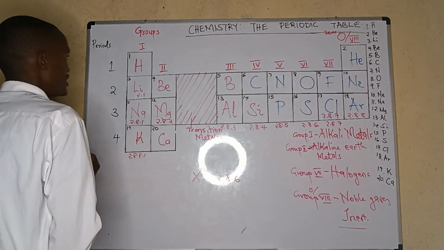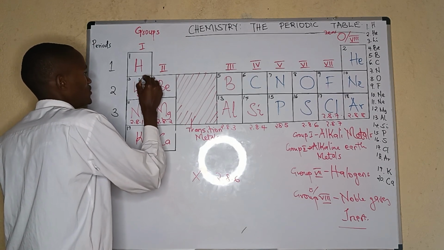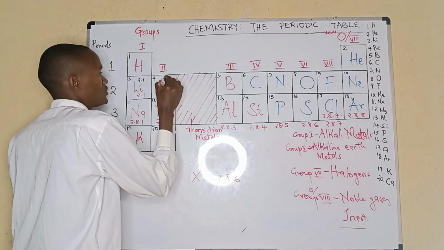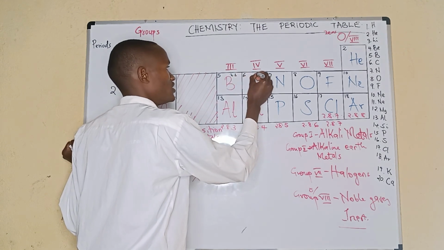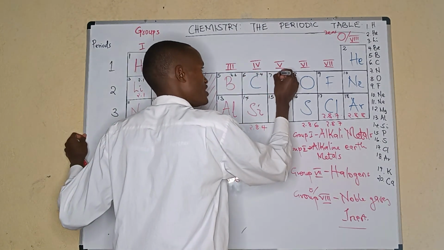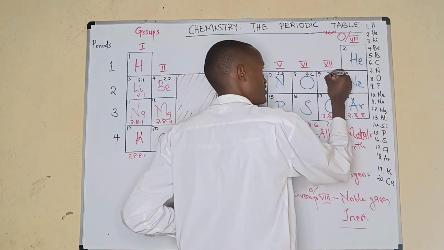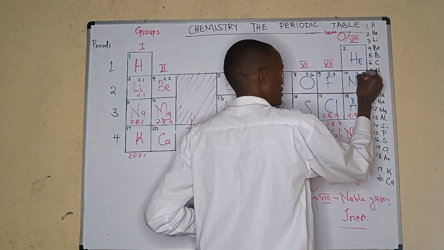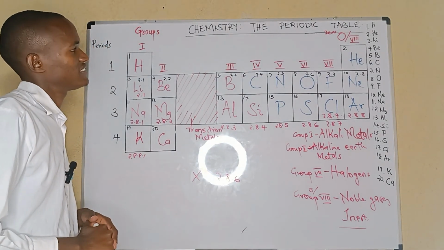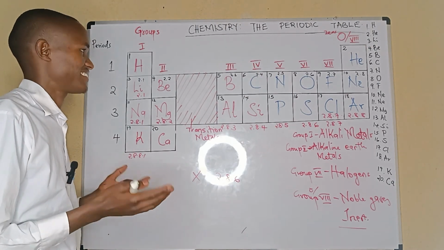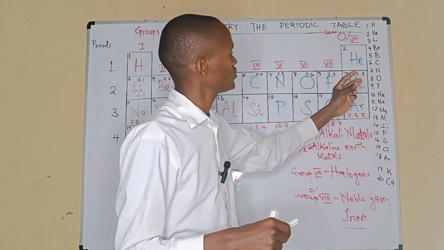Lithium has a configuration of 2, 1, beryllium 2, 2, boron 2, 3, 2, 4, 2, 5, 2, 6, 2, 7, and 2, 8. It ends at that point. We have 2, 1, 2, 2, 2, 3, all the way to 2, 8.